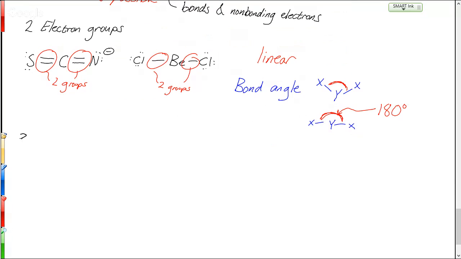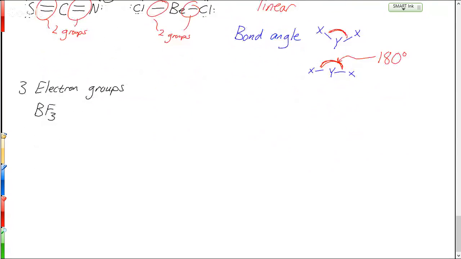Let's move on to the next one. If we have 3 electron groups, for instance, BF3. Now, if we're just drawing the Lewis structure, we might draw this like this.